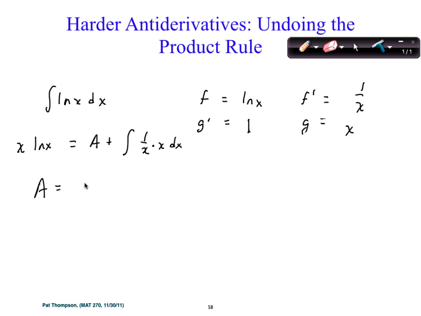What's that? x. That's just 1, antiderivative x. So we're going to have x ln of x minus x plus c.